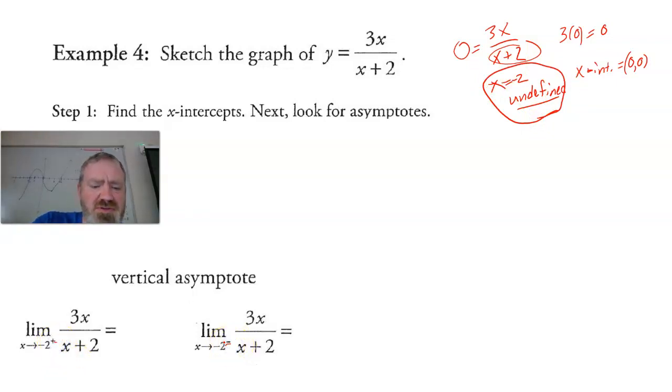See those little symbols we learned with limits? What's happening to the right and to the left of this? And if you recall, these were actually mental math problems where we had to take a value that was slightly above a negative 2, like a negative 1.99999, and put it in for x and consider what happens. If we do that, we get a small positive value on the bottom, right?